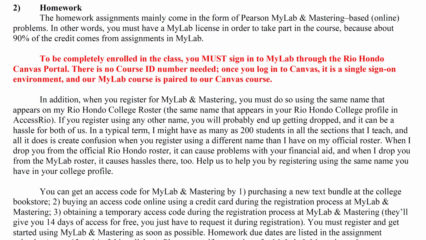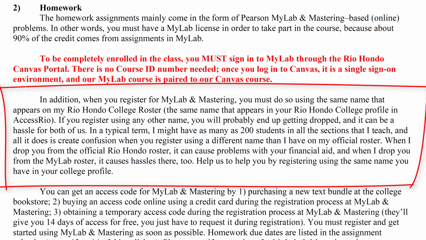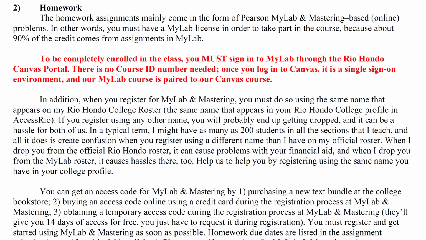So one thing, which is a tremendous source of confusion, and it can cause hassles for both of us, is when someone has a certain name on their Rio Hondo profile and then they register for MyLab using a different name. For example, maybe somebody registered at Rio Hondo before they got married. And once they got married, they changed their name. And they didn't update their Rio Hondo profile. But they registered for MyLab using their married name.